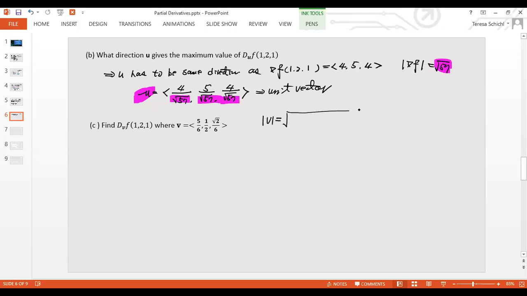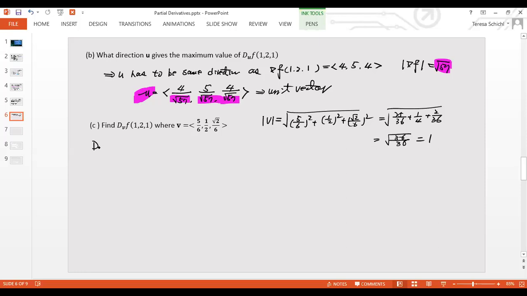This is (5/6) squared plus (1/2) squared plus (square root of 2 over 6) squared. So this will be 25/36 plus 1/4 plus 2/36. I'm getting 36 over 36, which is equal to 1 here.